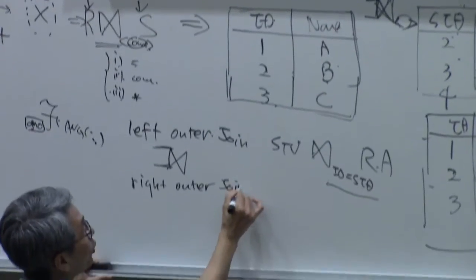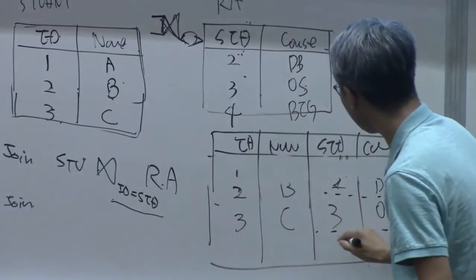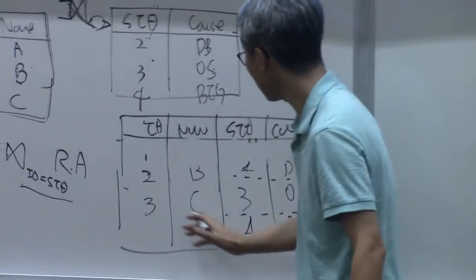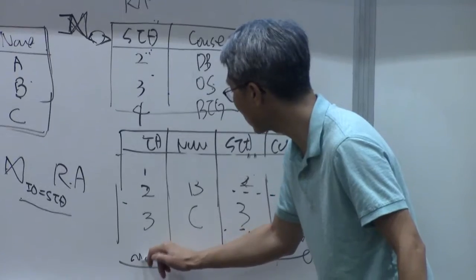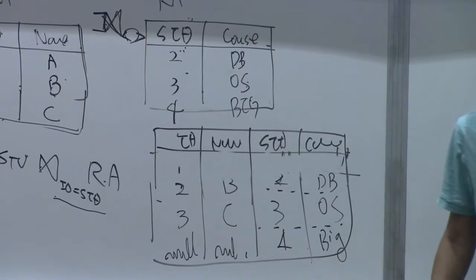So right outer join means that instead of the left hand side value, we can get all the values from the right hand side. Big data. If there's no student information about this, it's just a None. None like this. Okay.